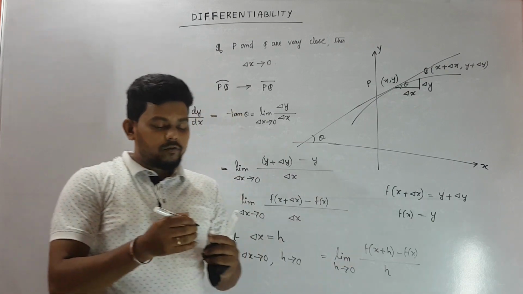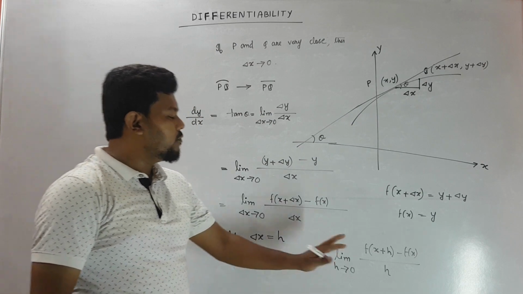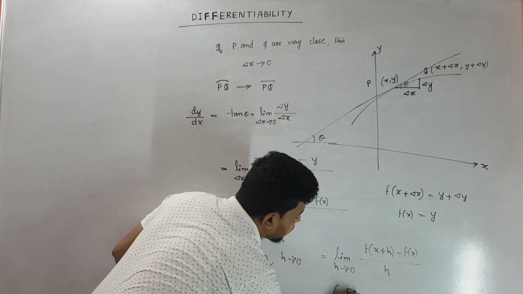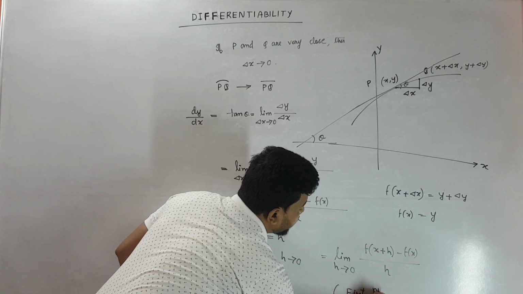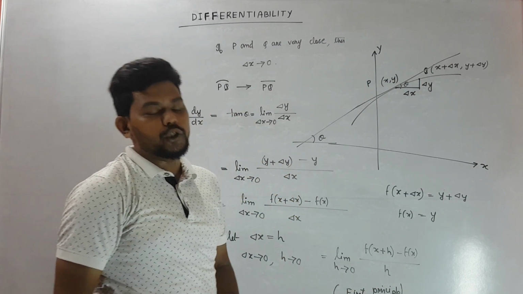This is called the first principle of dy by dx. You can write this as the first principle of dy by dx. It is also called ab initio.